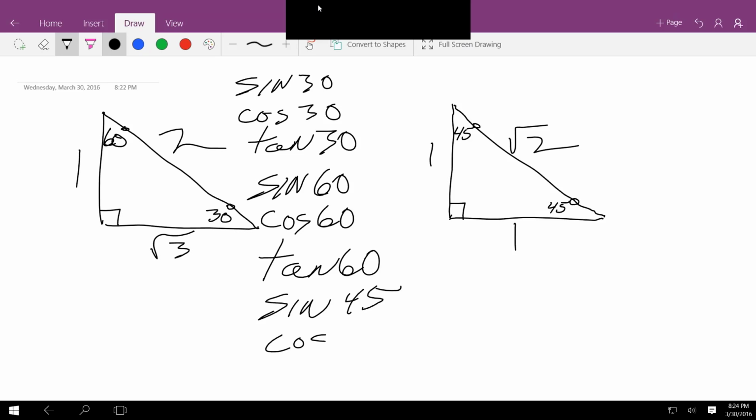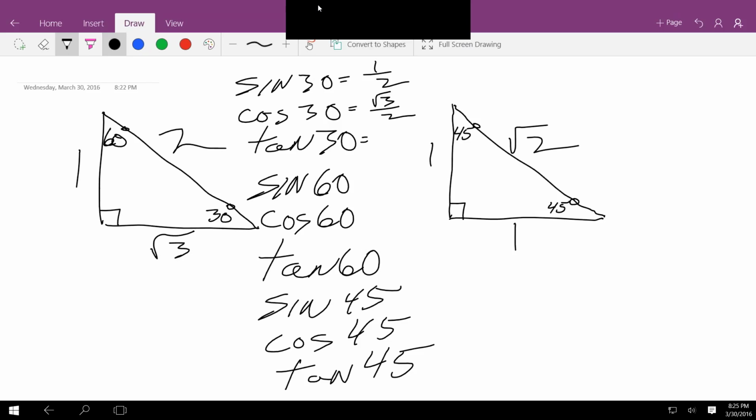We're going to answer each of these. Maybe not this year, but soon they are going to want you to have all of these memorized. Definitely. That we know is 1/2. That's square root of 3 over 2. What's the tangent of 30?